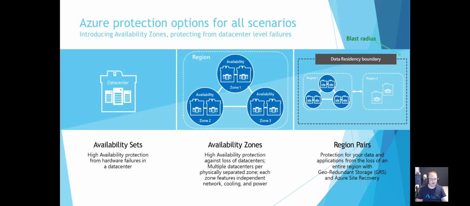Each zone is composed of one or more data centers equipped with independent power, cooling, and networking infrastructure. Availability zones are designed so if one zone is affected, regional services, capacity, and high availability are supported by the remaining 2 zones.